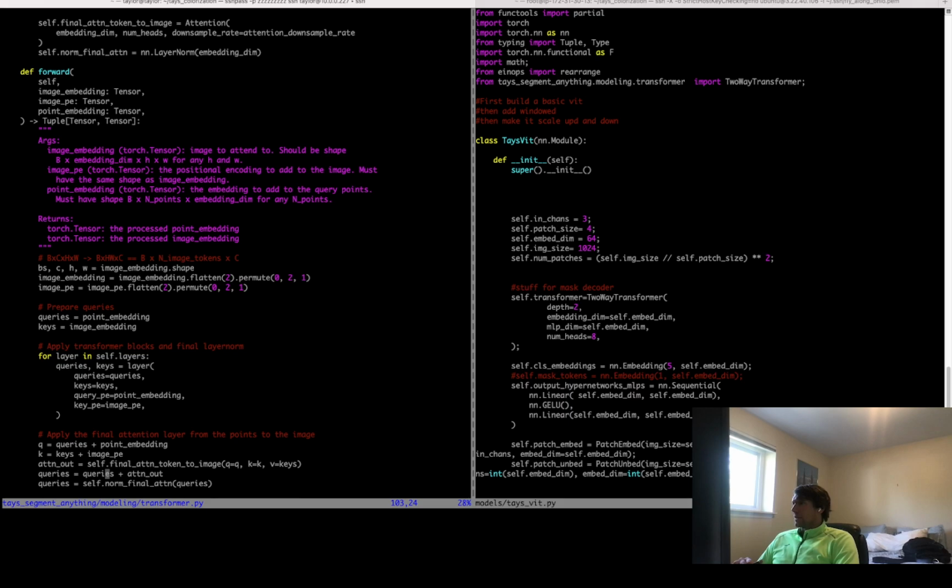We've already added the positional encoding to the image prior to this. Query starts out as the point embedding. The keys start out as the image embedding.